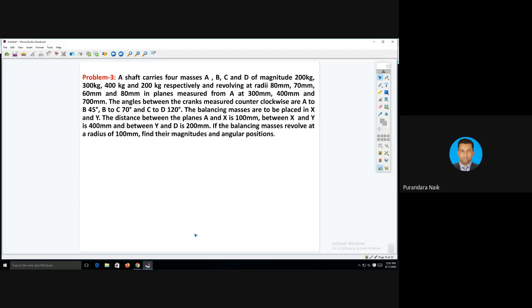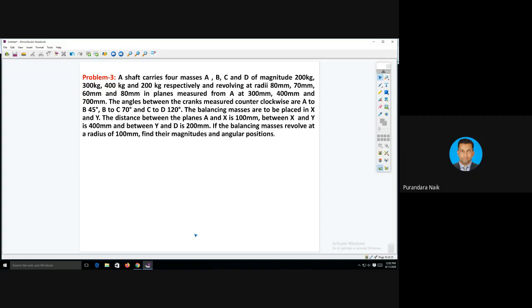The angles between the cranks measured counterclockwise are A to B is 45 degrees, B to C is 70 degrees, and C to D is 120 degrees. So the angles between the different masses are given: 45 degrees, 70 degrees, and 120 degrees.